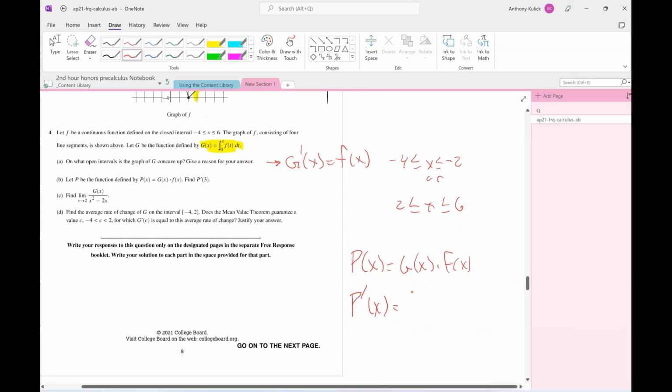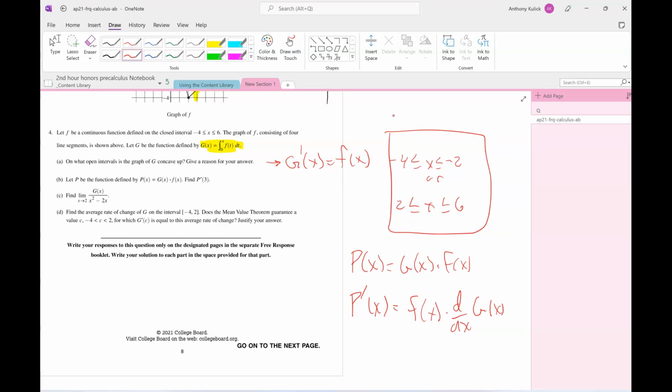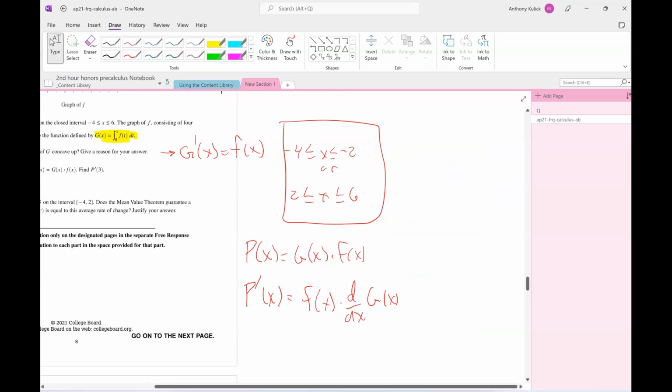So P prime is going to be the derivative of g of x. So where is it concave up? It's only -4 to -2 and 2 to 6. Just the places where the derivative has a positive slope. So it wouldn't be from 0 to 6. Correct. Oh, because that's a prime graph, yeah.